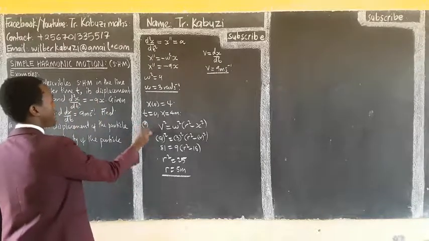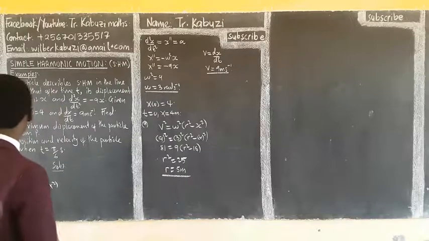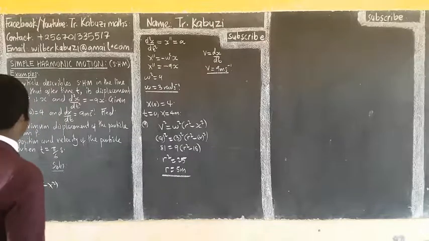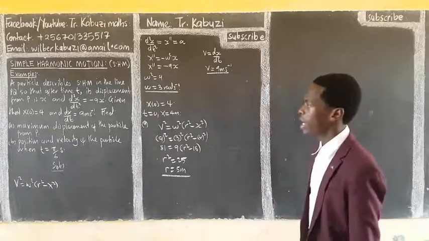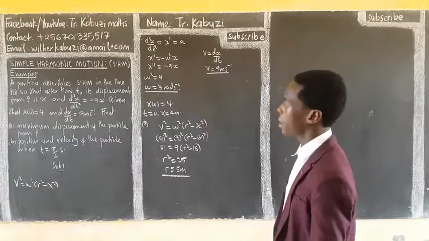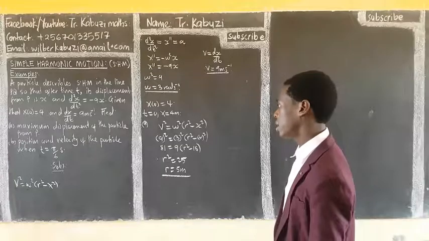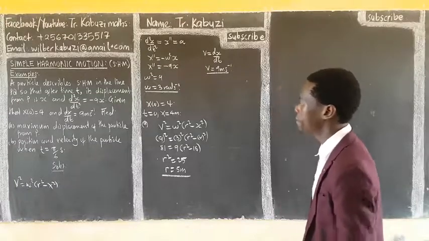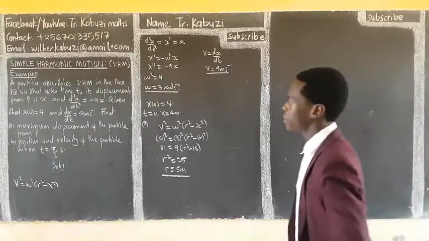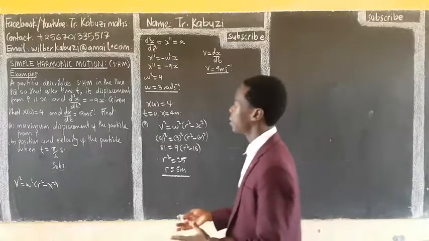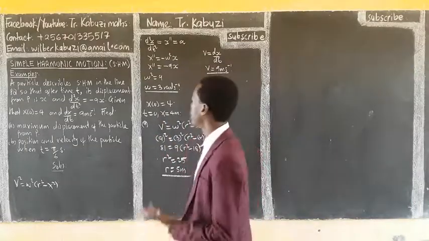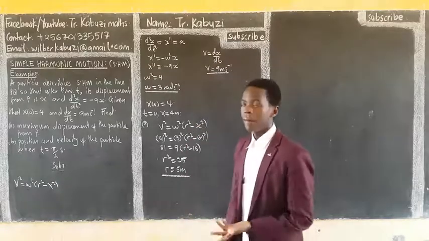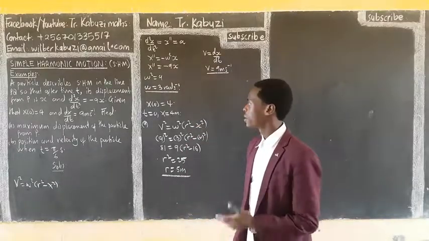This is our part A, that's our maximum displacement. Part B, they are telling us to find the position and the rest of the particle when t is equal to pi over 6 seconds. Now, from there you can use two formulas. We have the initial conditions here. You can either use the sine function or the cosine function to get the displacement.